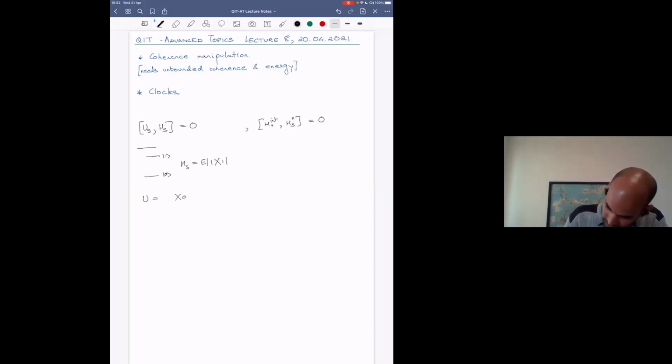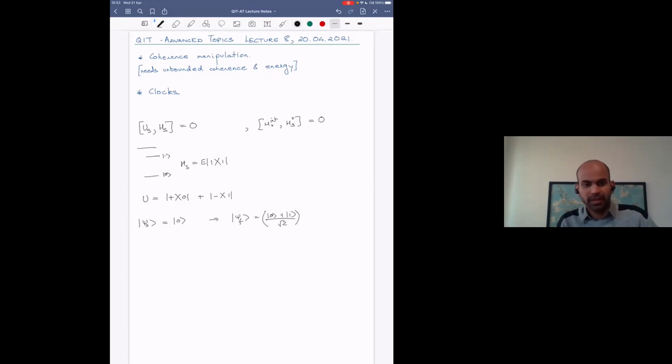I want to take the state 0 to the state plus, and the state 1 to the state minus. Imagine that my initial state of the system is just the state 0. I want psi final to be the state plus, which is 0 plus 1 over square root of 2.